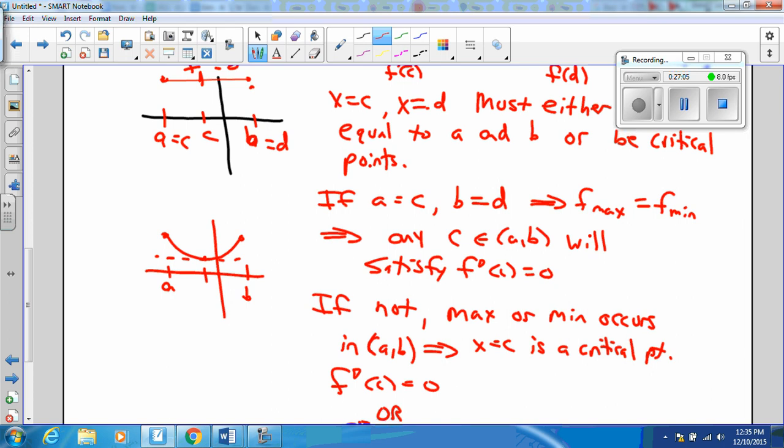If I do not go straight across, I either have to go up or down, right? And if I go down, I'm going to have a minimum inside, and if I go up, I'm going to have a maximum inside. And if I go up and down, I'll have both. Well, every place where I have a minimum or a maximum, what does my derivative have to be? 0. Because it can't be non-existent. And that's it. That's the spirit of the proof.